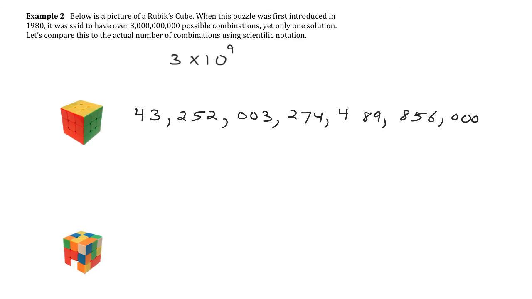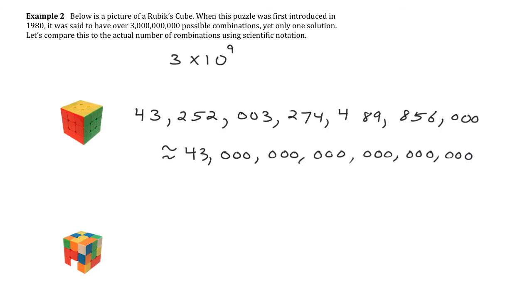And maybe just an approximation of this would be, well, there's a 43 followed by this many zeros. And you would read this number as 43 quintillion. So it goes to thousands, millions, billions, trillions, quadrillions, and then quintillions. So that's a huge number. So it's nice to just approximate it like this.